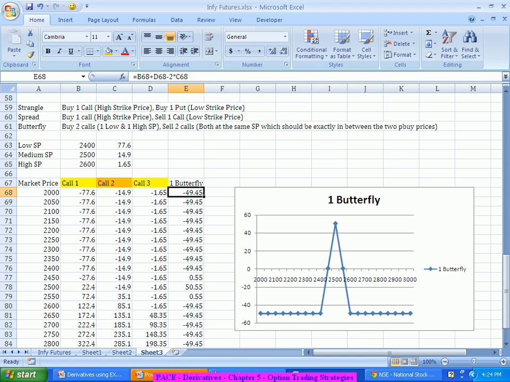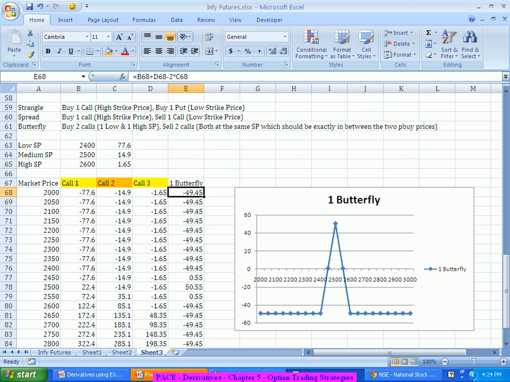So as long as I expect that the stock price will lie between, let's say, 2400 odd to 2500 odd, I can make profits. Otherwise, I am running into a loss. So if I really think that the volatility is much lesser, the stock will not fluctuate at all. It's a very conservative stock. It does not fluctuate much.